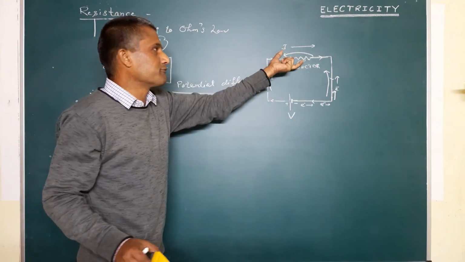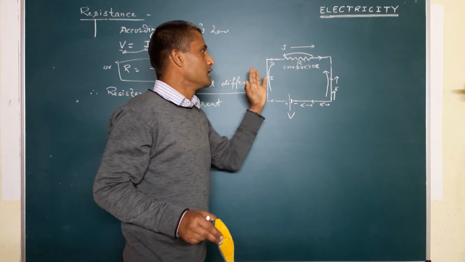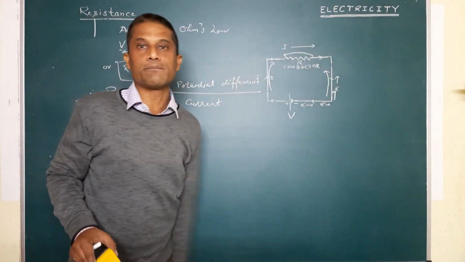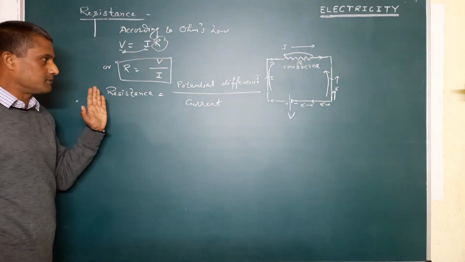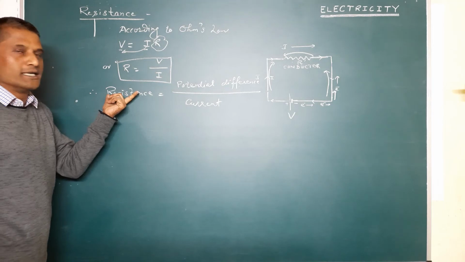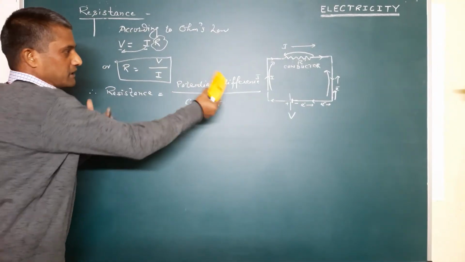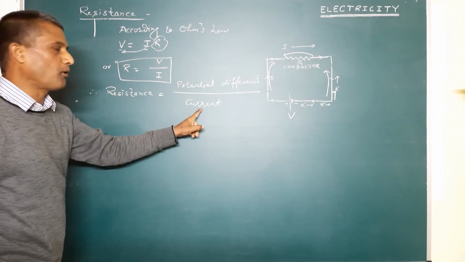So how much potential difference you are going to use in order to make the current I move from one terminal to another terminal through a resistance R determines this. It is going to be put in this way: resistance is equal to potential difference upon current.